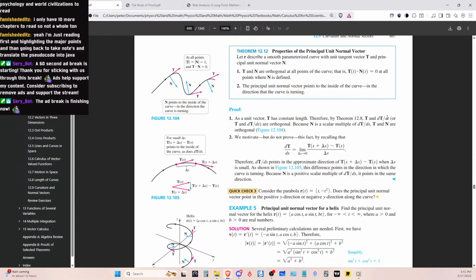Therefore, the theorems. We motivate, but do not prove this fact. Recall. Okay. Therefore, the points in the approximate direction when.